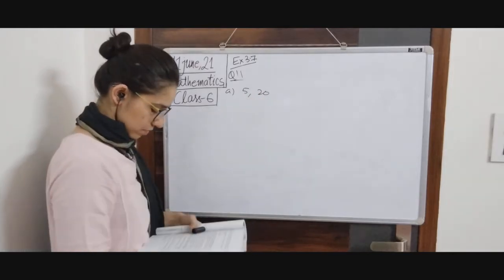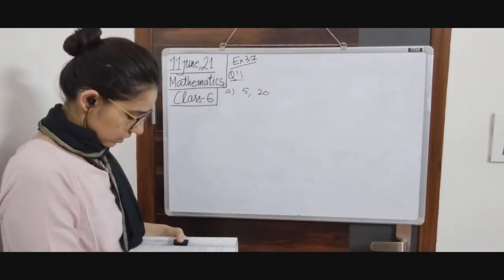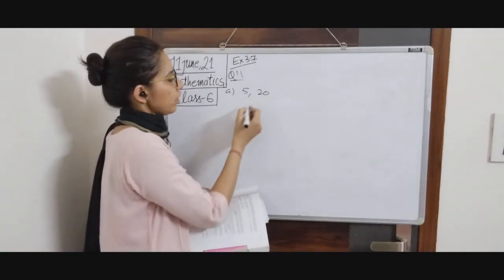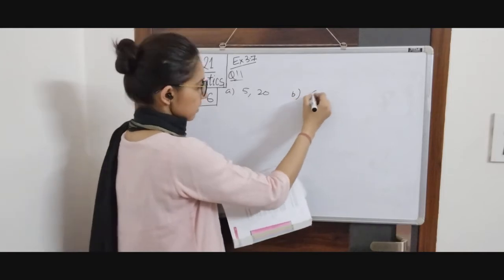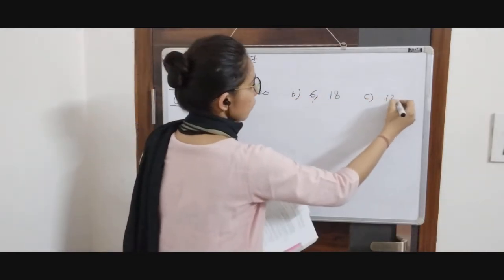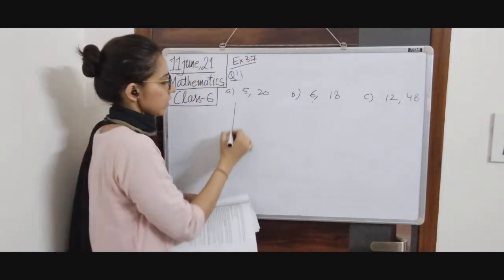You have to find the LCM. In these numbers, we have a special property: one number is a factor of another. 5 is a factor of 20. And B, 6, 18. 6 is a factor of 18. C, 12 and 48. 12 is a factor of 48. Okay, we have to find the LCM.